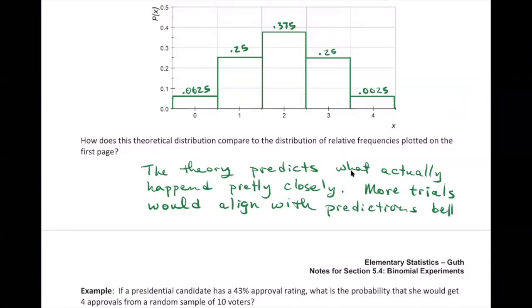And this is just a really important point, that in certain types of experiments, you can kind of predict what will happen, not in the short run, but in the long run.